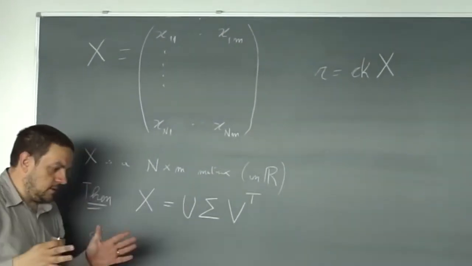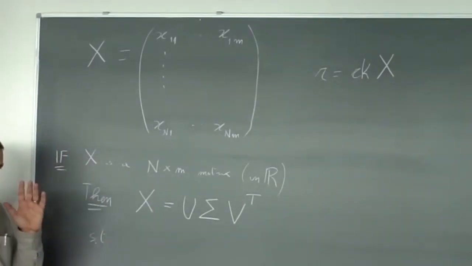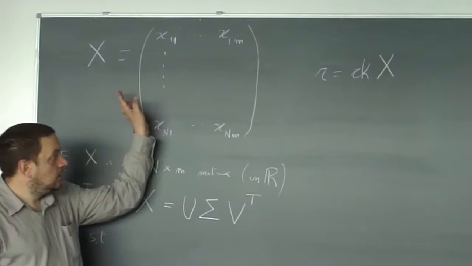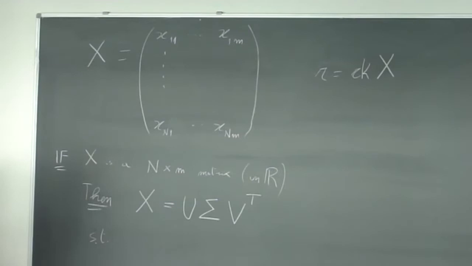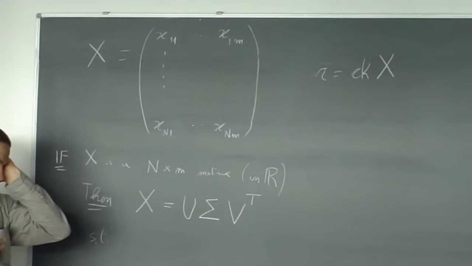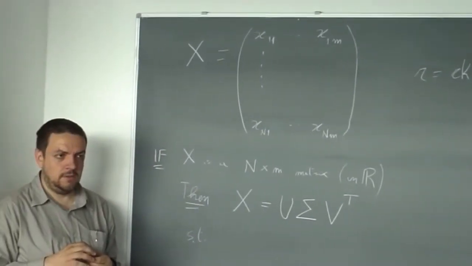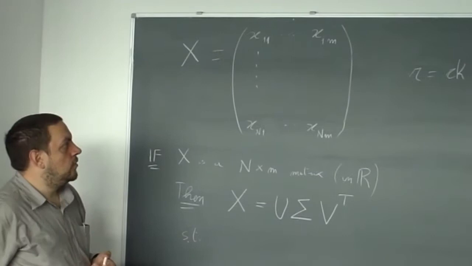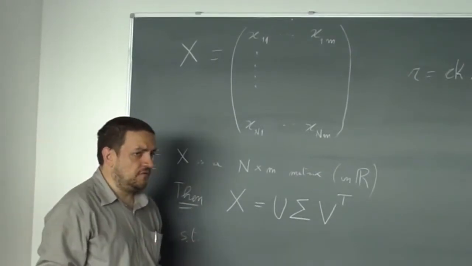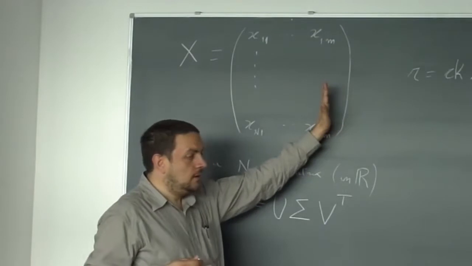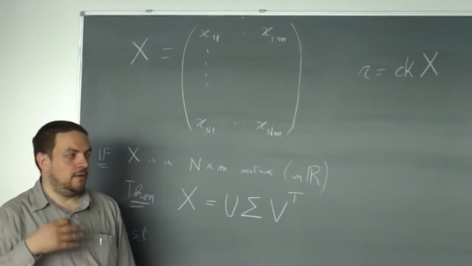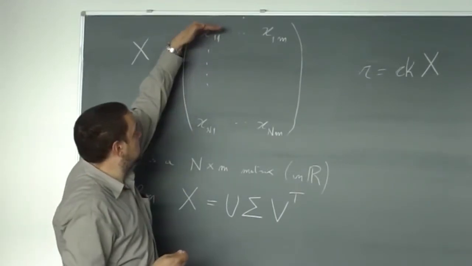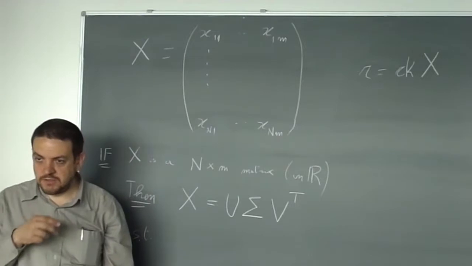It's the largest number of linearly independent columns, or equally of independent rows, that you can find within the matrix. Or equivalently, the dimension of the subspace spanned by the columns of the matrix, or equivalently, the dimension of the subspace spanned by the rows of the matrix.